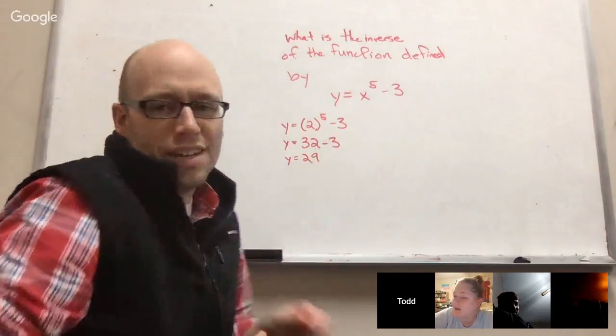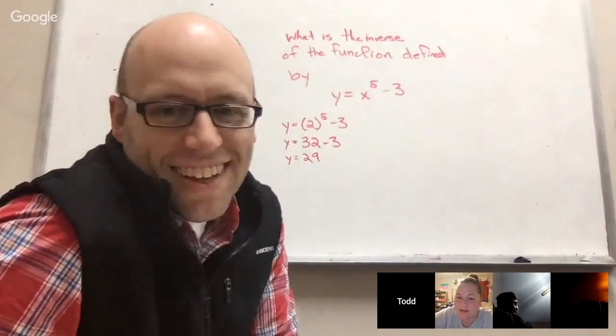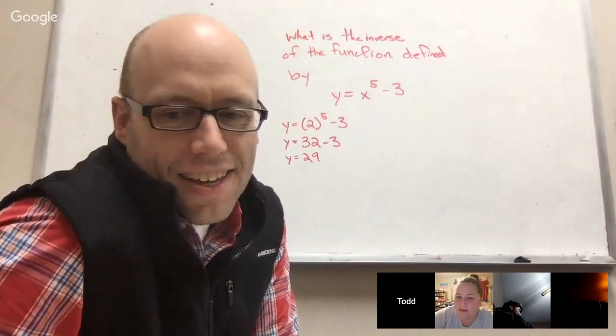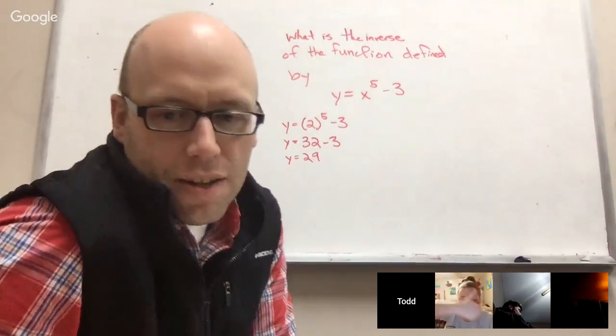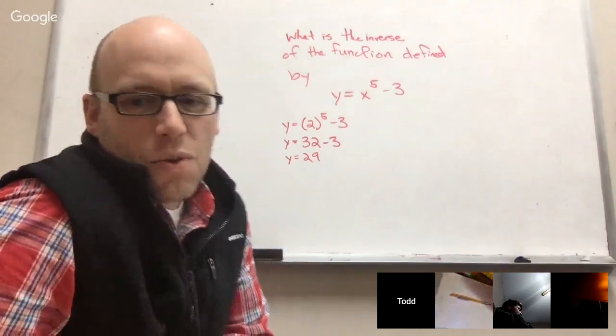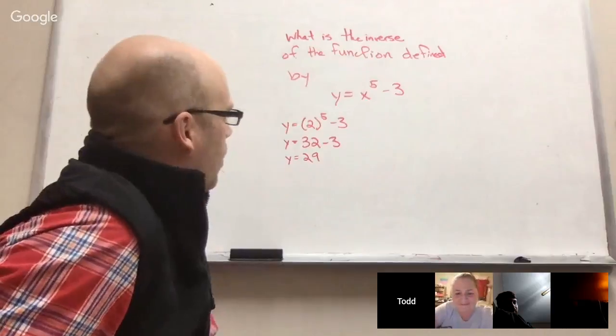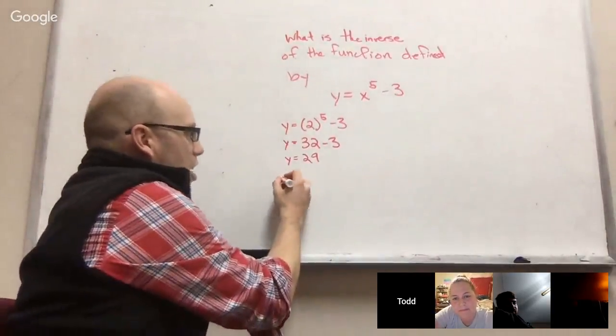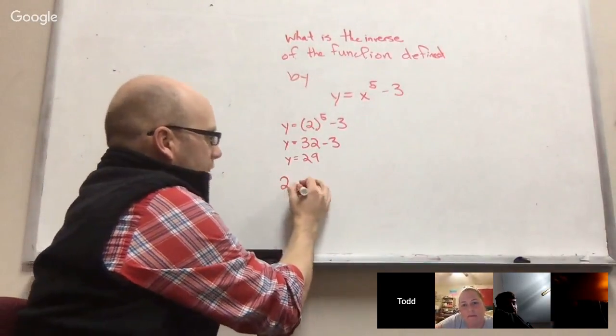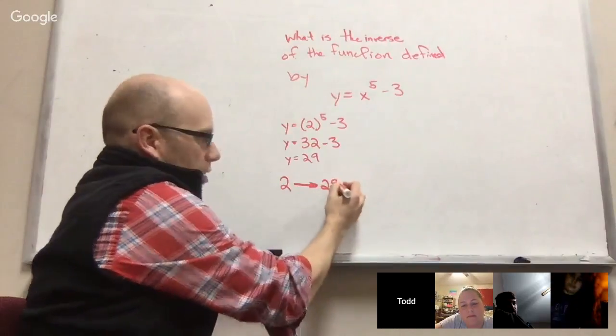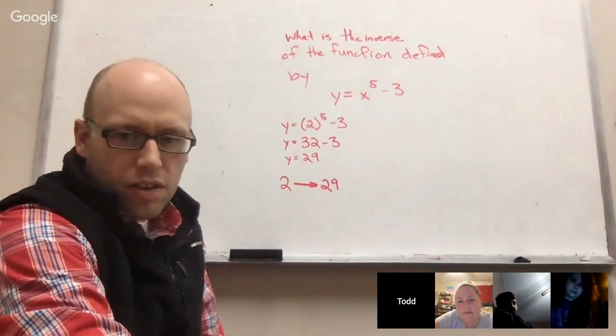Y equals 29. Did I do that right? Some confirmation that I did it right would be nice. So this particular function takes the number 2 and assigns it to the number 29, right? Yep.